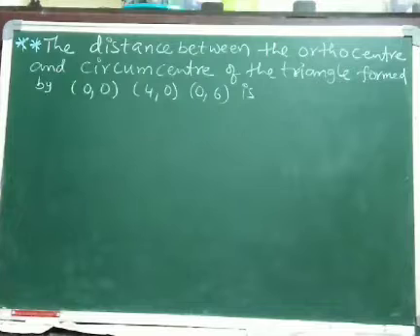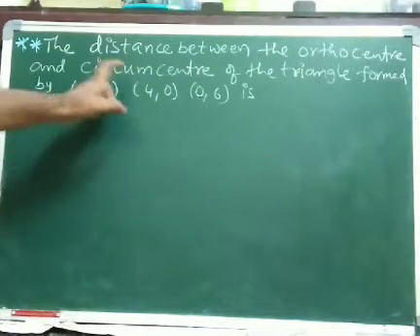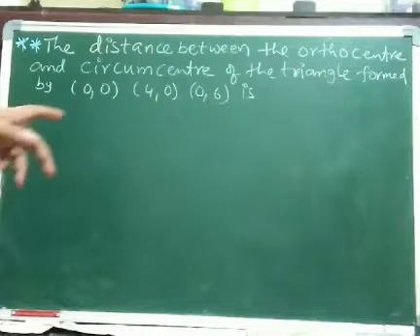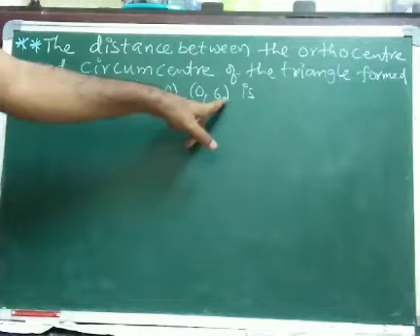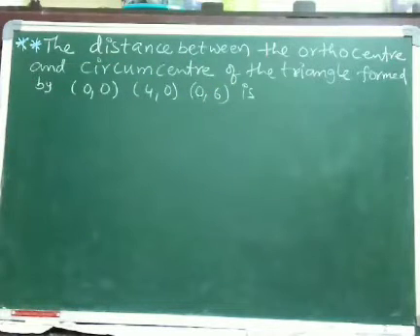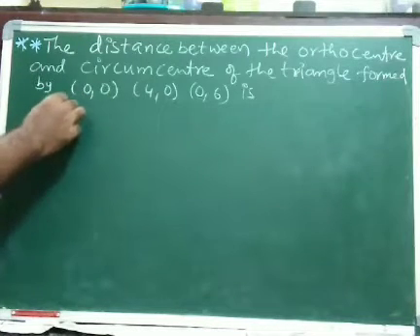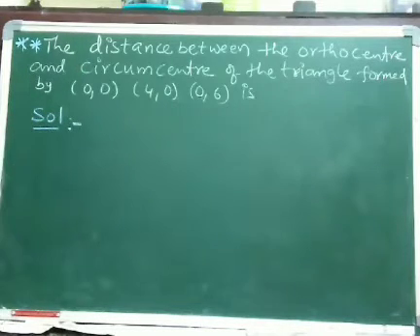So look at this question. The distance between the orthocenter and the circumcenter of the triangle formed by the vertices 0, 0, 4, 0 and 0, 6 is. So if you observe the vertices, you are going to find a simple technique here.